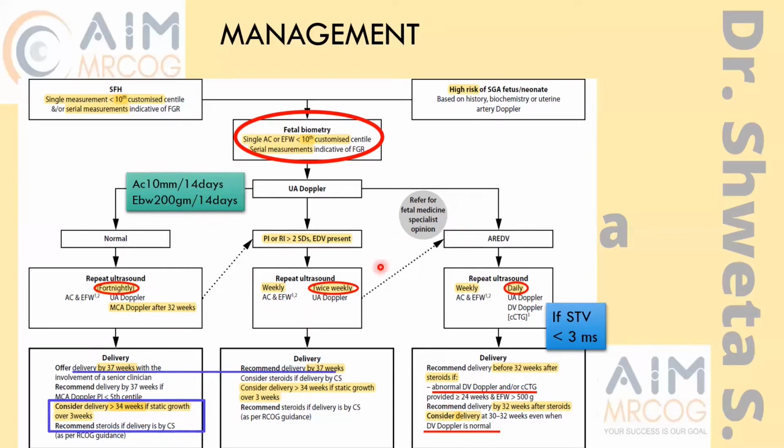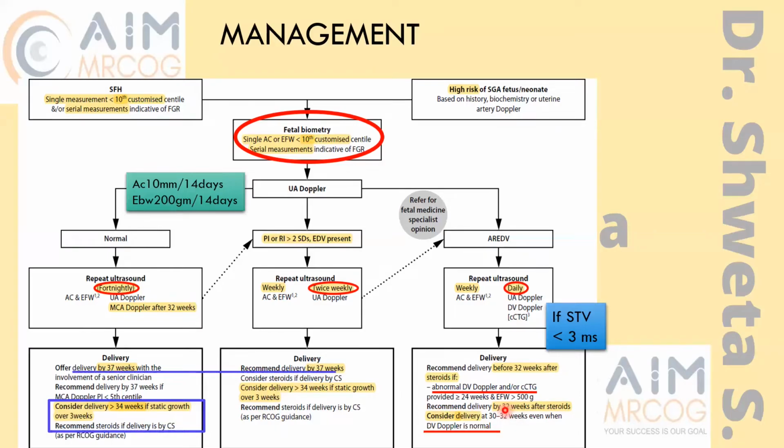So if you remember this chart, you can answer most of the SGA questions, because according to risk factor, they will give you one question scenario on surveillance, how you will do the surveillance. And the other is management. So definitely you have to know the management. Whenever you are choosing CS, you have to choose steroid because you are doing delivery.